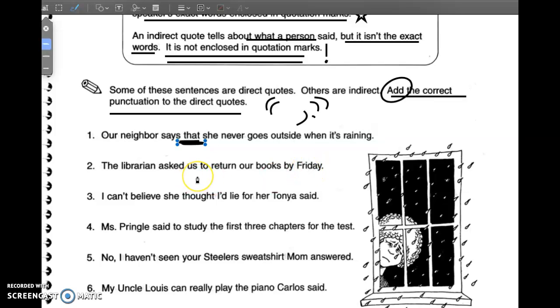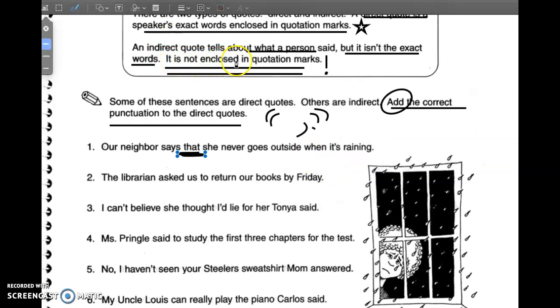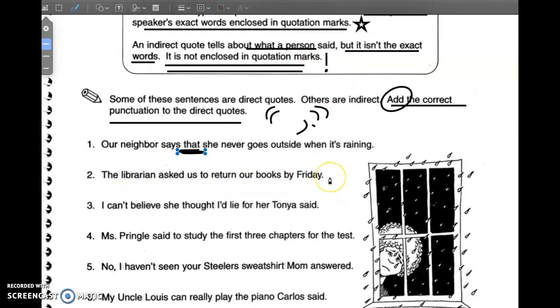It doesn't. If you think about what the sentence actually means, the librarian is asking people to return their books by Friday. We are not using the librarian's direct words here. Maybe her direct words could have been, "please return your books by Friday," or "will you return your books by Friday?" But because we don't have her exact words in here, this is not a direct quote. This is an indirect quote, and an indirect quote is not enclosed in quotation marks. So there's nothing I need to add to this sentence.